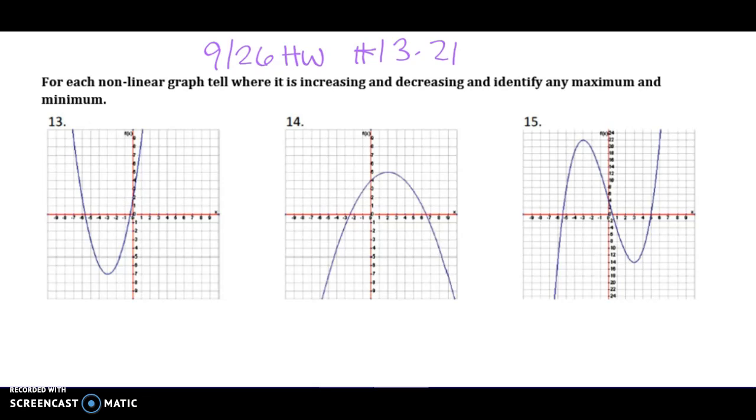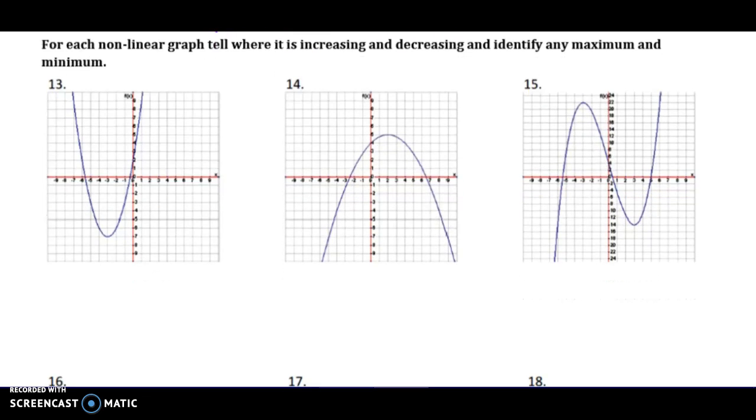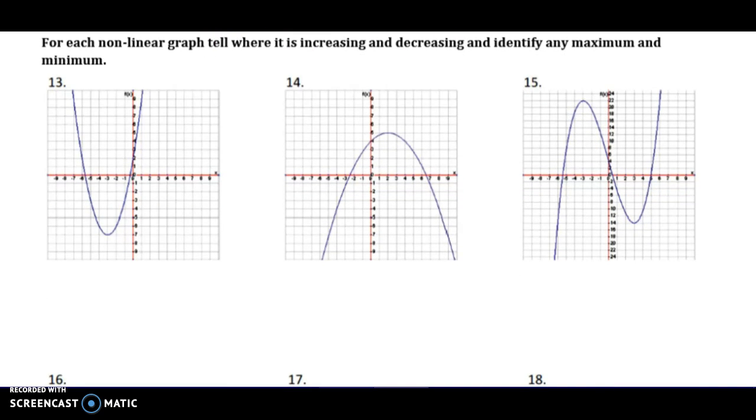So let's see, how about we start, I'll show you number 15. Start with what we know. On the left side will be where it approaches negative infinity, the right, positive. Finding kind of the max here and in here. So I'm going to write that. Max. What is that coordinate? Let's see, negative 3, 22.